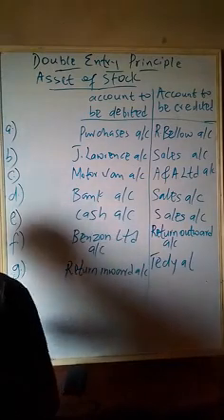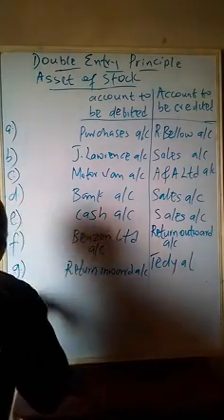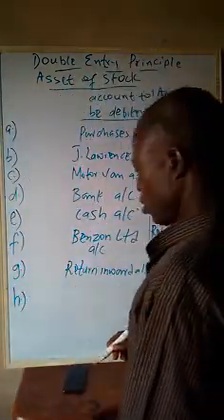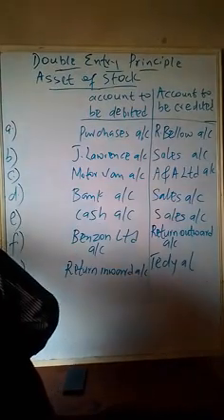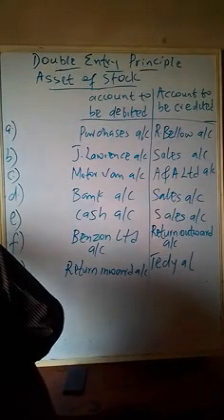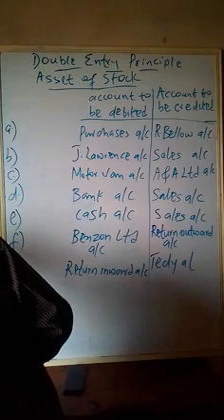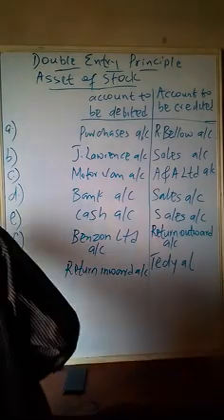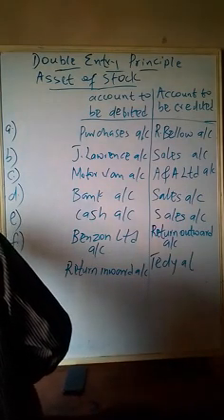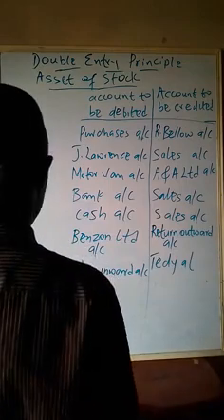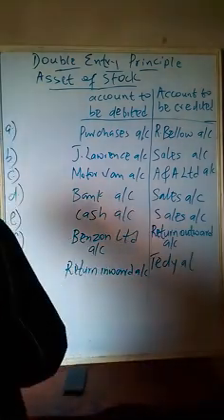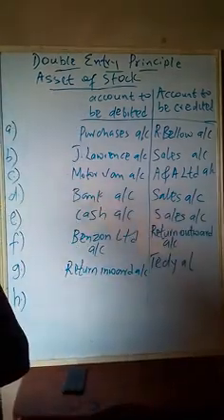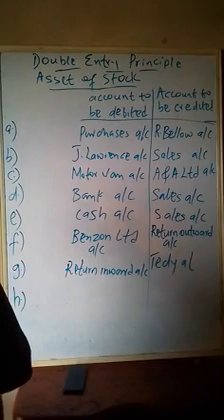F, G, H. H says machinery sold for cash.